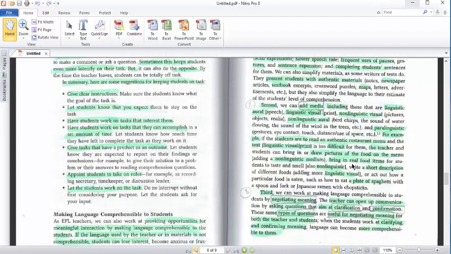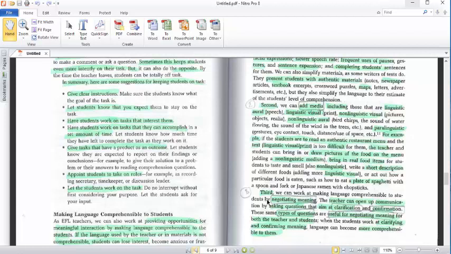If we give them real food items to taste and smell, this is non-linguistic. And if the teacher asks them to write a short description of different foods, this is linguistic visual. So these are examples of adding media.